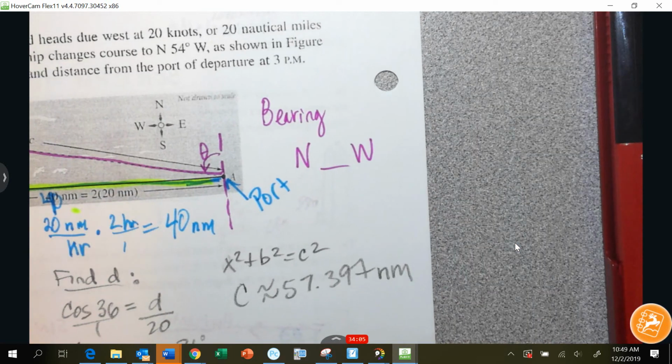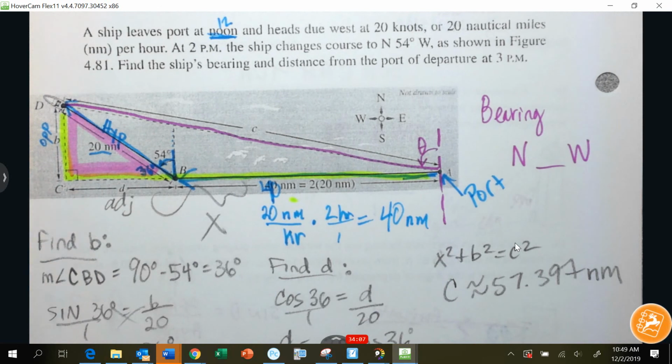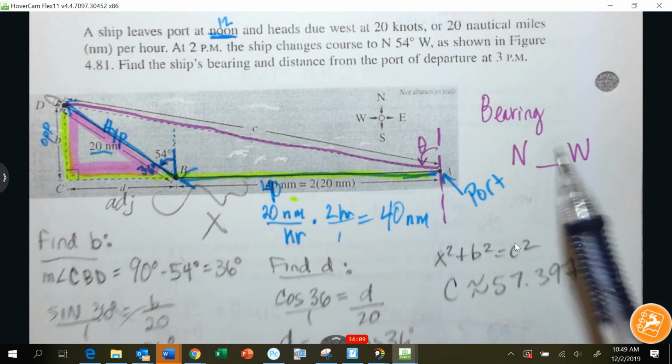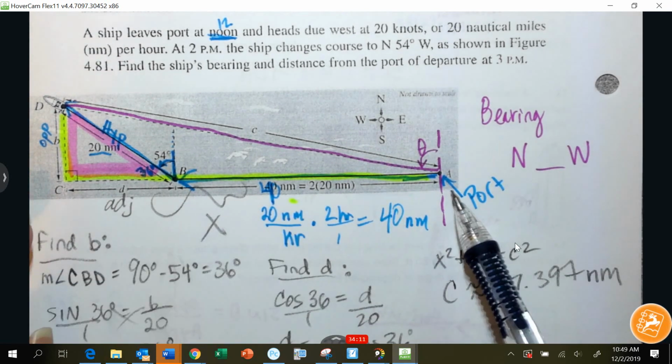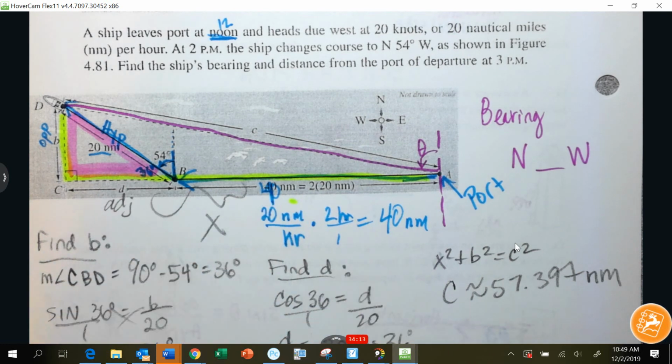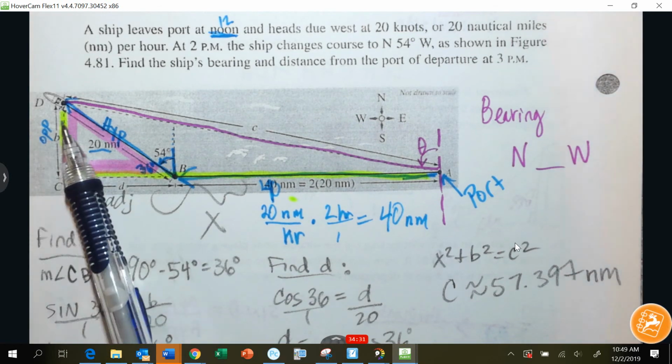One more thing. What else do we need? We need the angles for this bearing. So if I know, what angle can I find? Something inside the triangle. Oh, DAC.